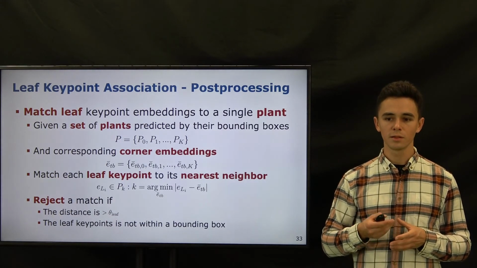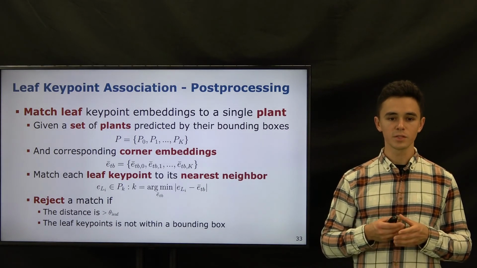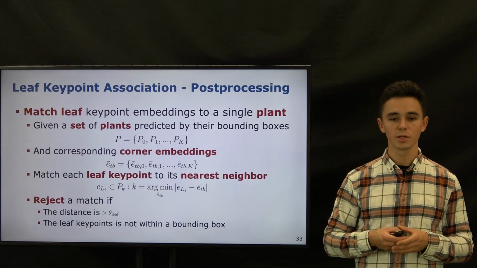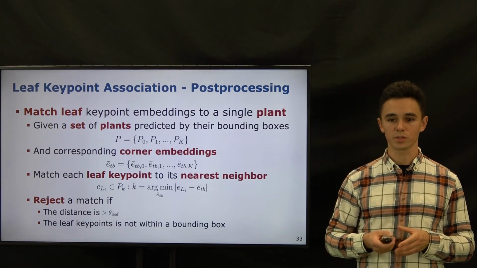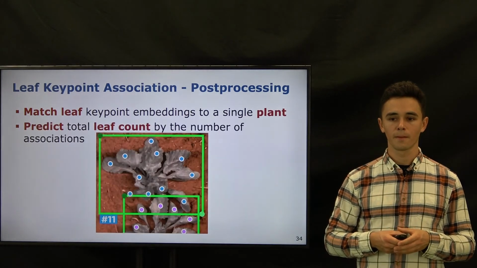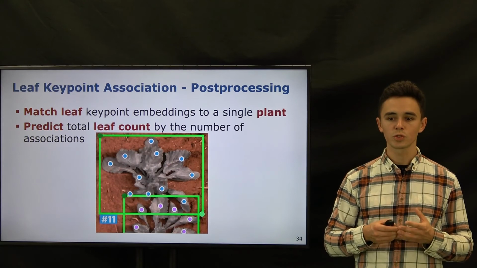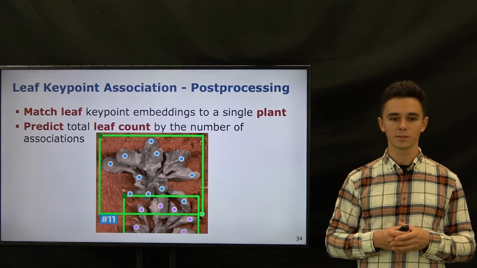We assign a leaf key point embedding to its closest corner embedding if the distance is less than a predefined threshold and if the predicted leaf key point lies within a bounding box. Thus, we can associate each leaf key point to its corresponding plant, even in case of overlapping plants.